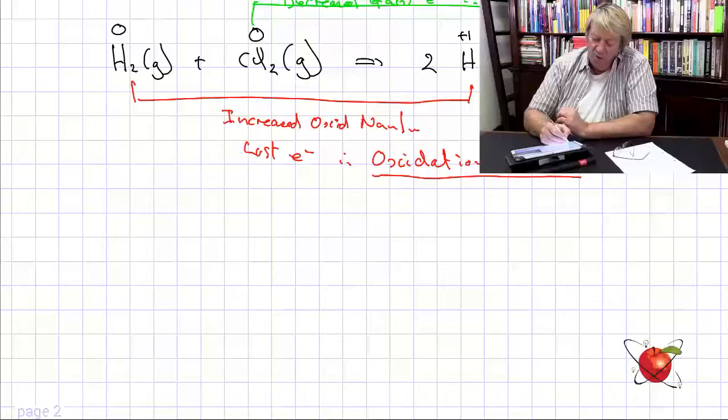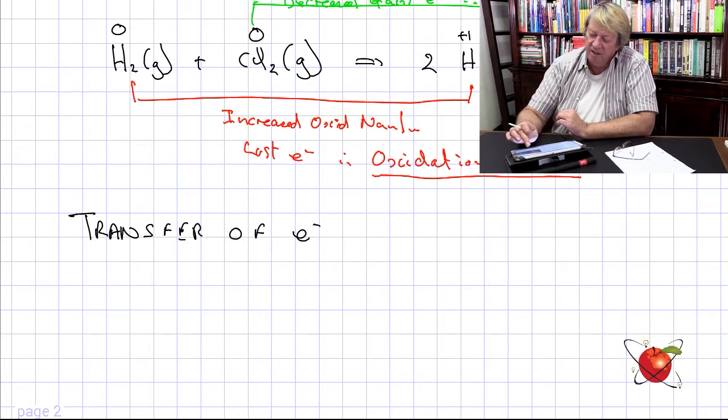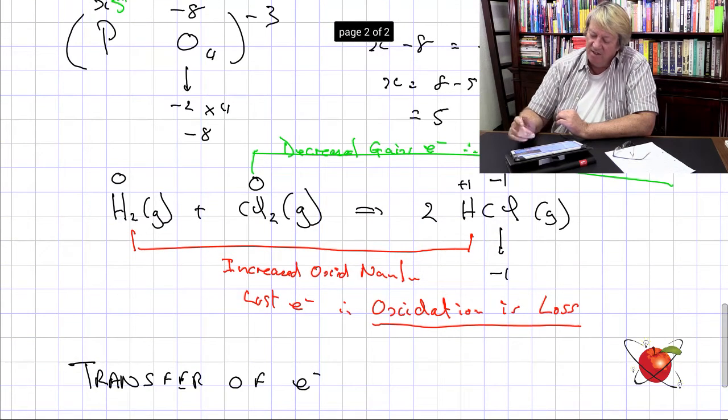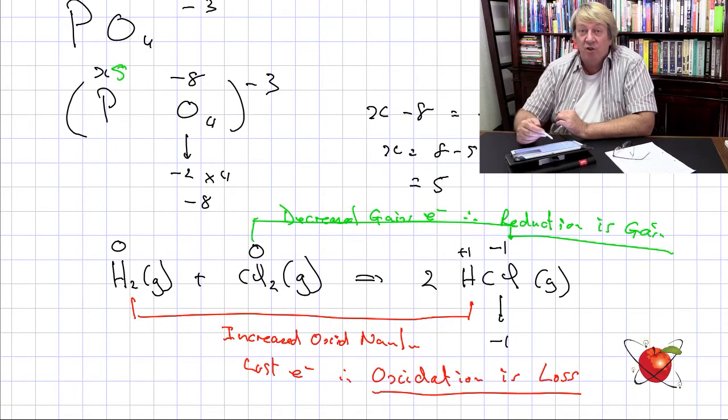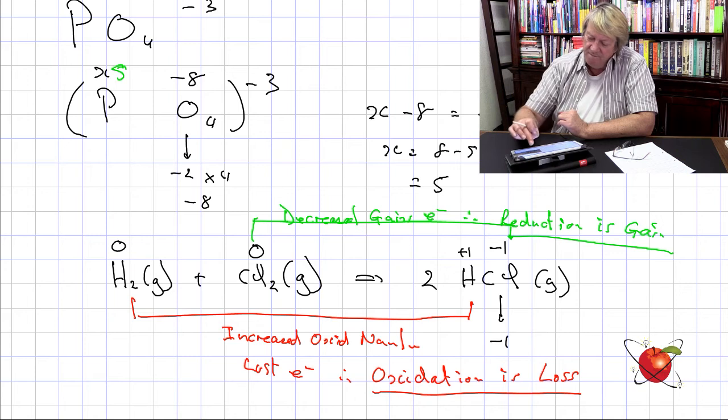Let's just stop and ask ourselves. You can see that in this case here, we are getting a bit ahead of ourselves, but let's just discuss it for a second. What have we got? We've got a transfer of electrons, correct? In this reaction at the top here, we transferred electrons, didn't we? Because we had the reduction and the oxidation, we lost and we gained. Now, what does that mean?